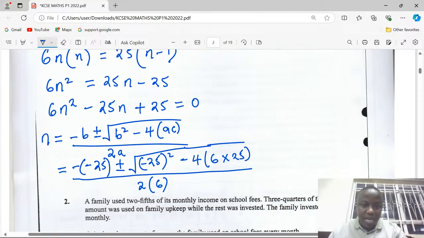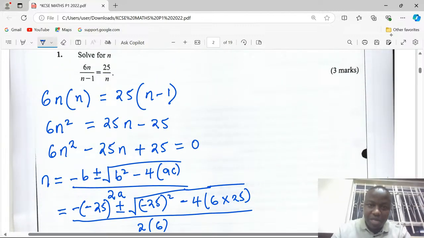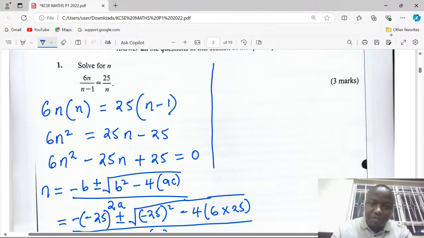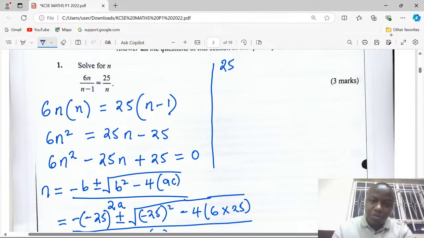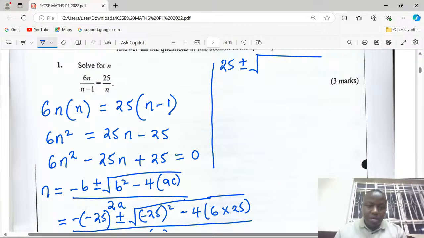With this now, we can proceed with the solution, whereby we will say negative 25, negative 25 becomes 25, then plus or minus the square root of 25 squared, which becomes 625. Then we will have 4 multiplied by 6, then by 25, that will be 600.